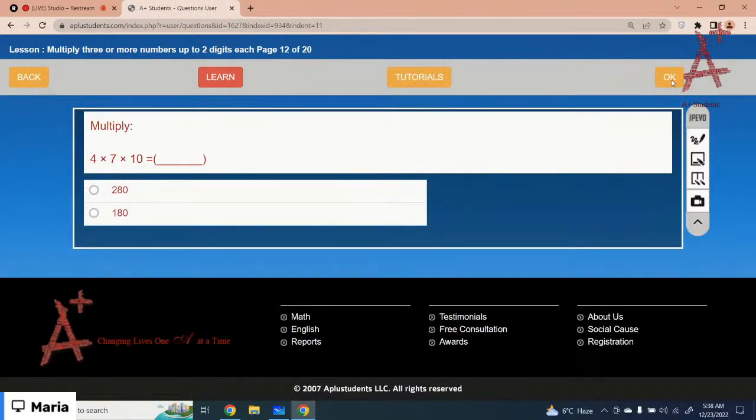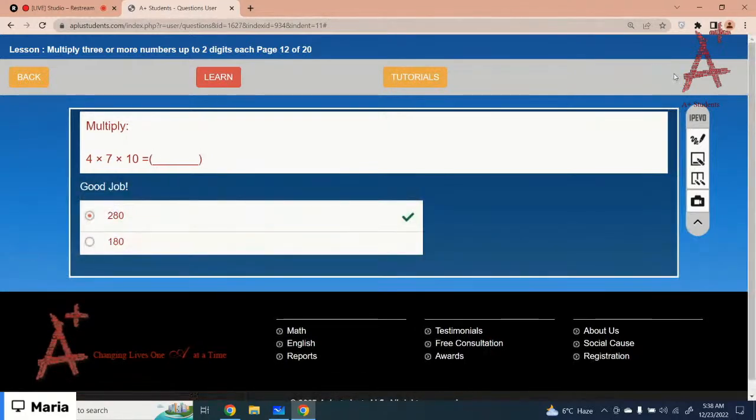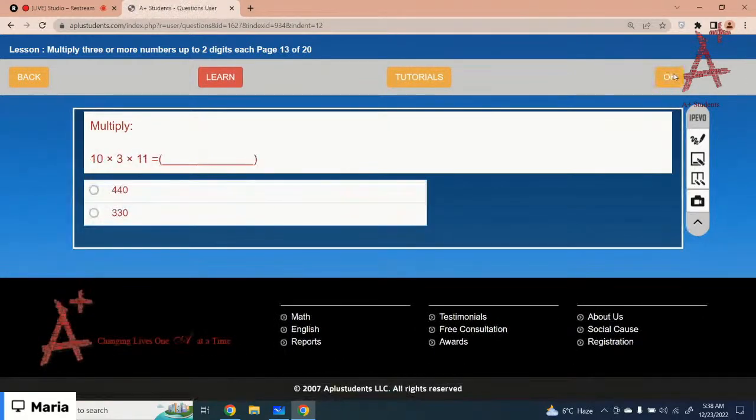Okay, the next one is 7 times 4 is 28 and 28 times 10 is 280. Got it? Just select the correct option then click on the OK button.